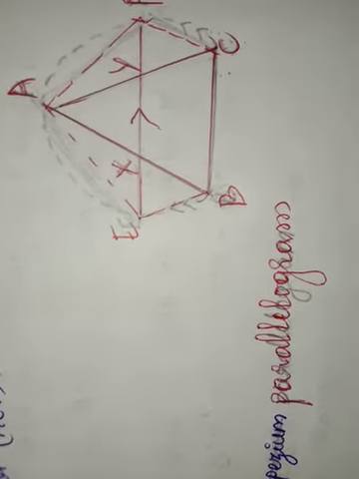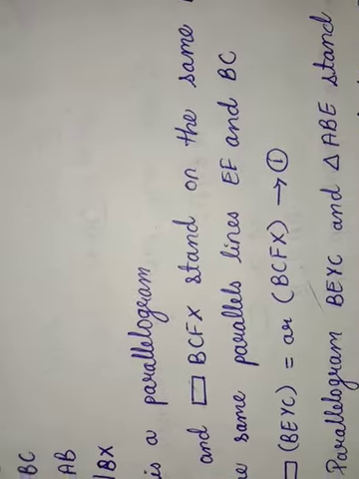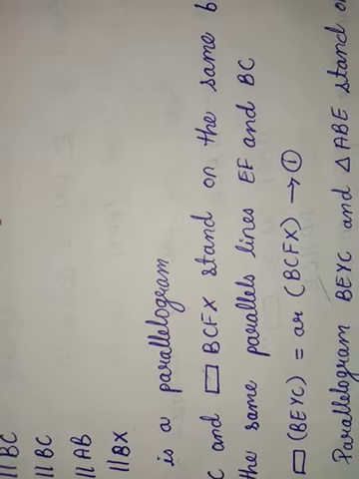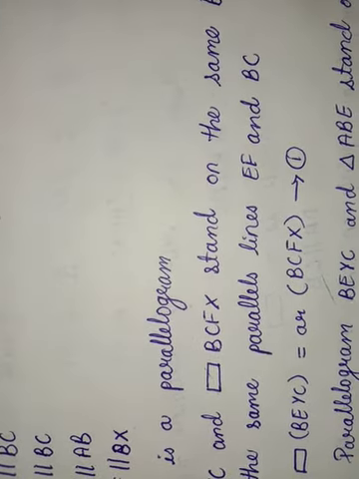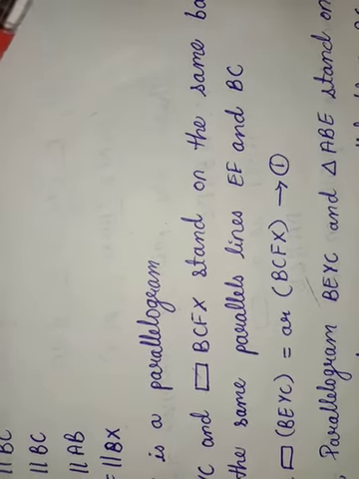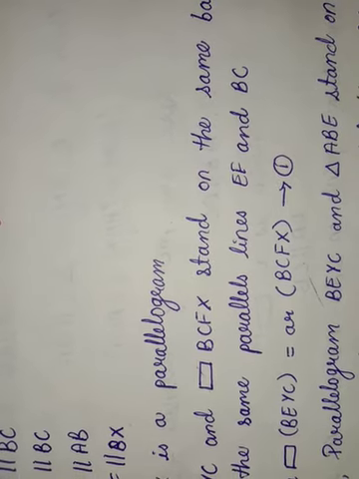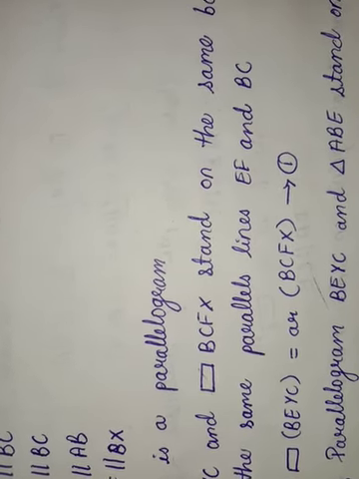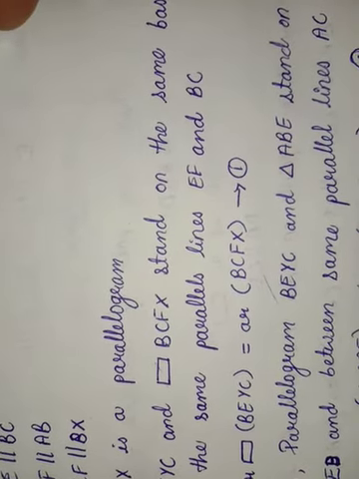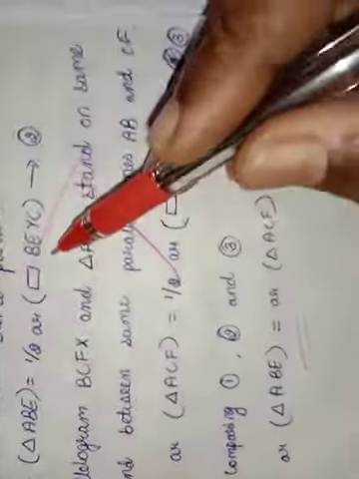So these two parallelograms BEYC and BCFX stand on the same base BC and between the same parallels BC and EF. Therefore, triangle ABE is equal to half of the area of parallelogram BEYC.